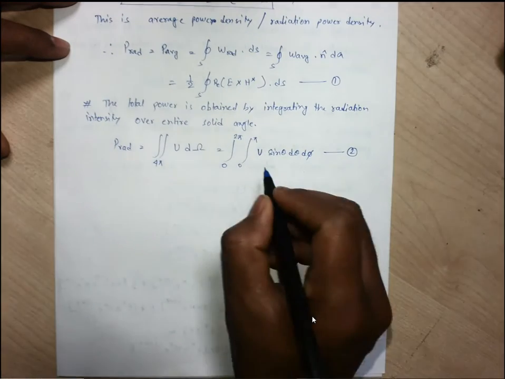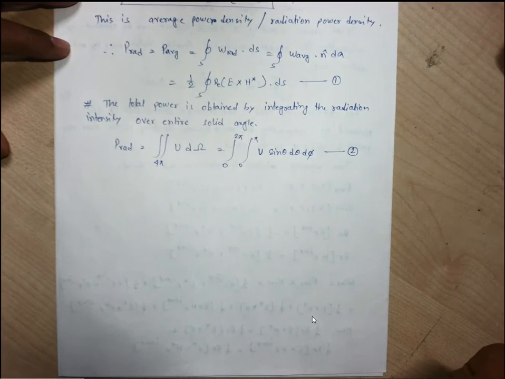We can also find out the total radiated power. If the radiation power density is known, then also we can find it by taking the closed surface integration over that area. So these are the different expressions or different ways to find the total power radiated.